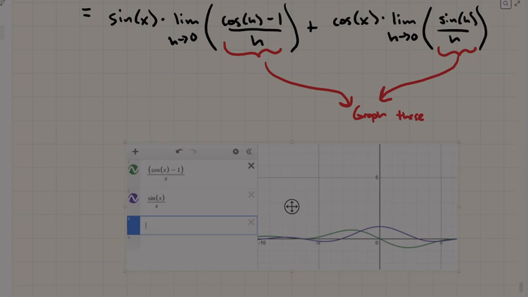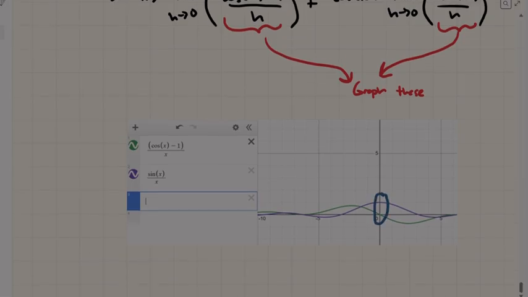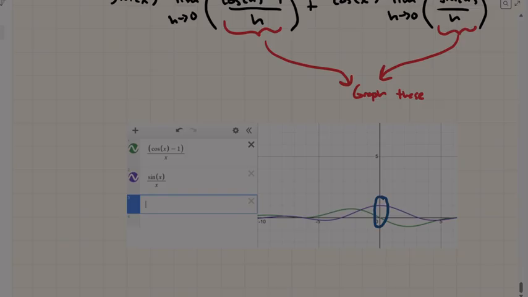And so we can just graph both of these, right? Cosine x minus 1 over x, sine x over x. And we want to know what happens at h equals 0. Right, and since we use x for our graphing, it's when x equals 0.